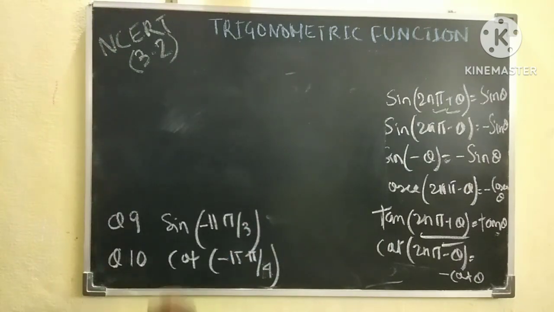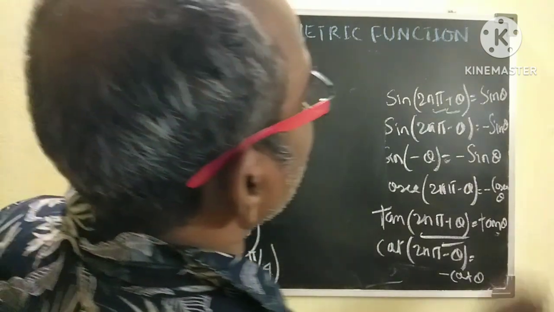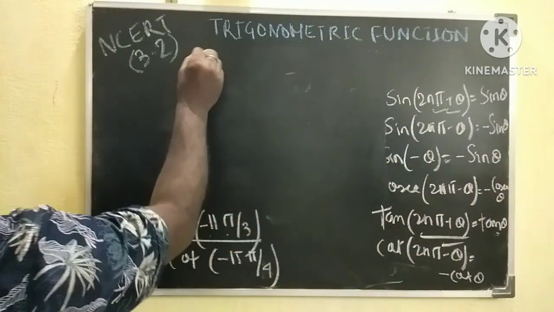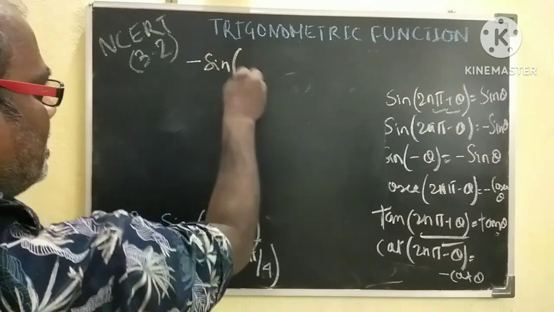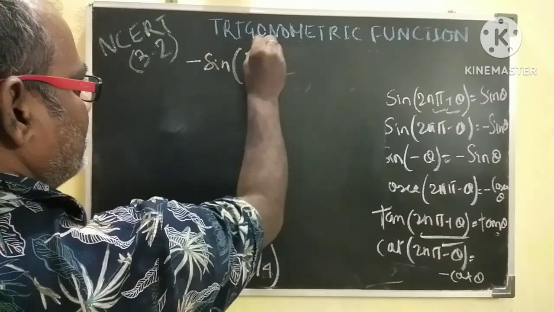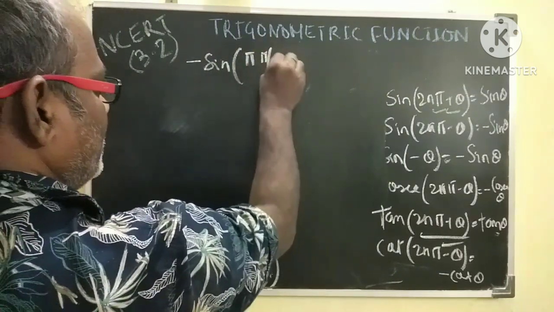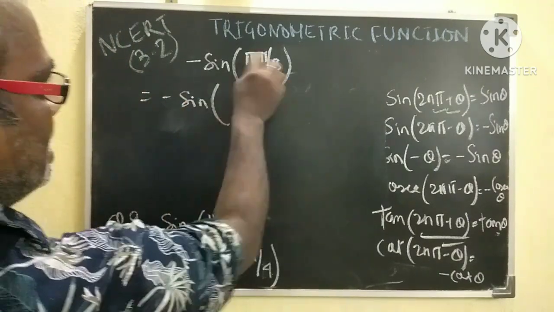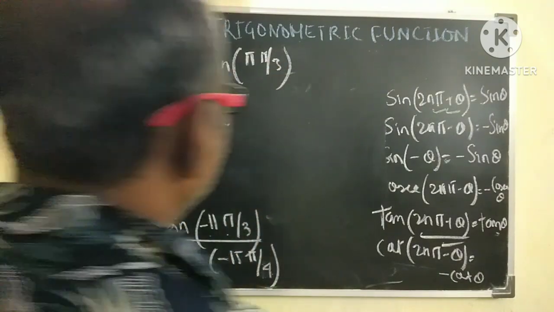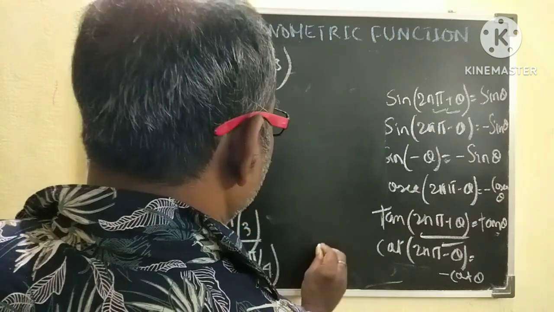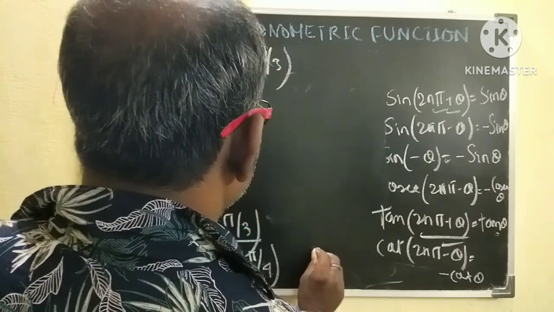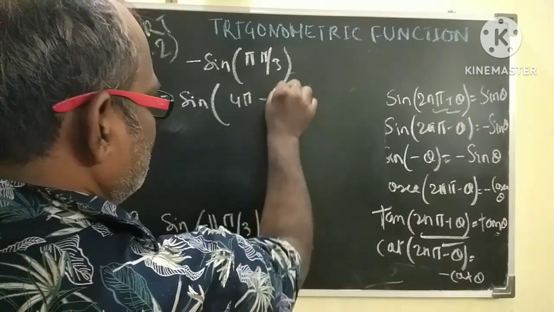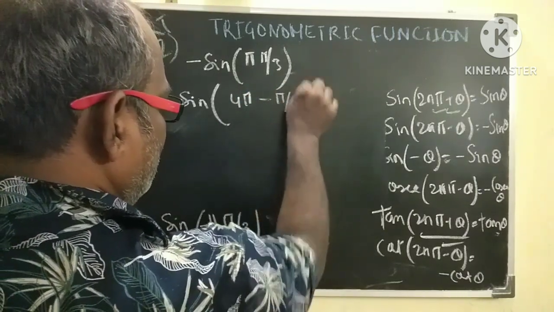Next, coming to this question, sine of minus theta. We know that sine of minus theta is minus sine theta. So this can be written as minus sine 11 pi by 3, which we can write as 4 pi, 4 3 is 12, minus pi by 3.